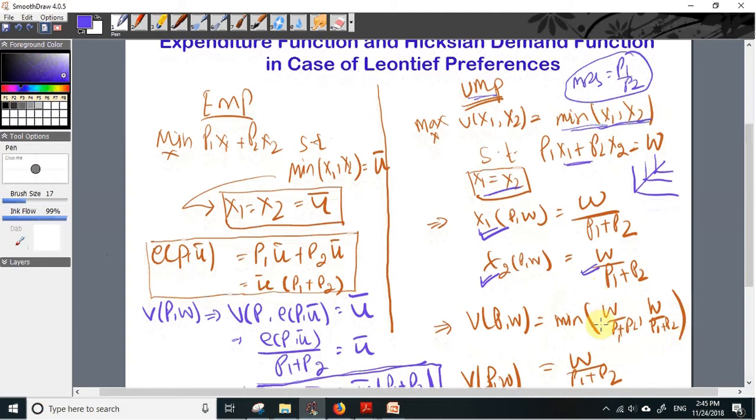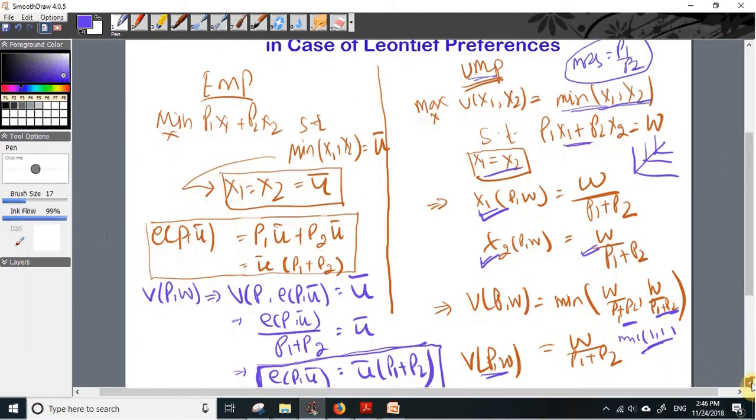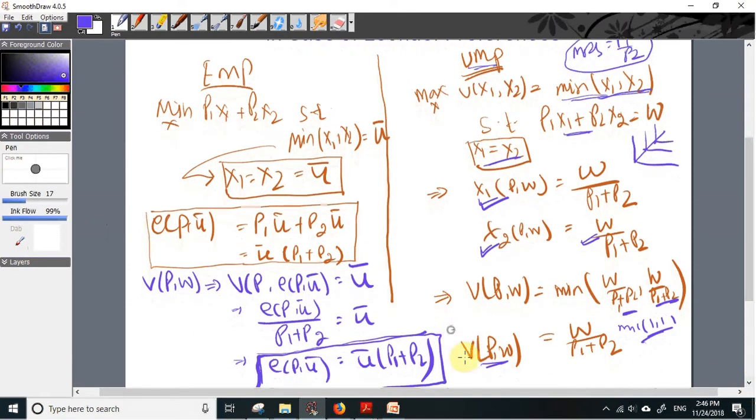So we substitute the value of x1 and x2, and since both the quantities are the same, it becomes v(p,w) equals w over p1 plus p2 times the minimum of 1 comma 1, which is 1. So in this case, the indirect utility function is simply w over p1 plus p2.